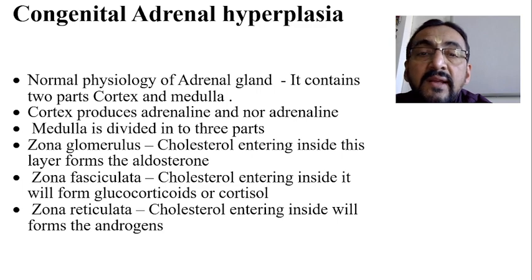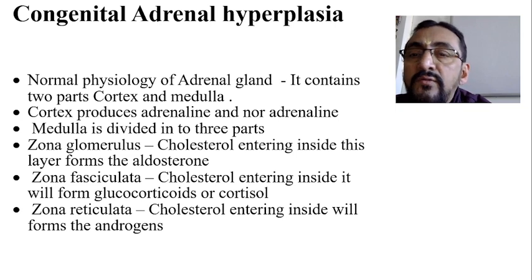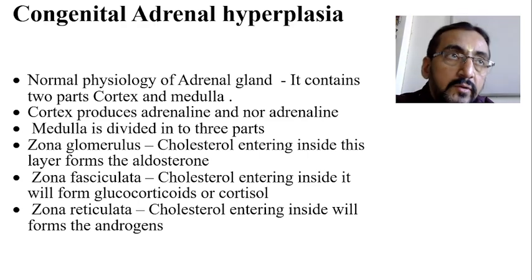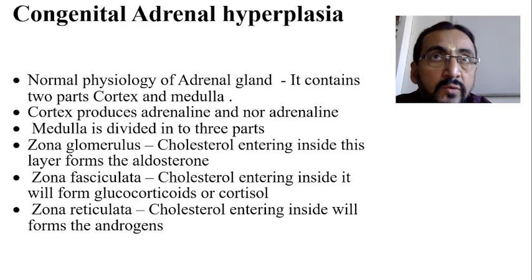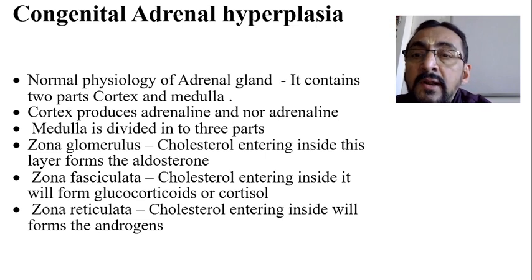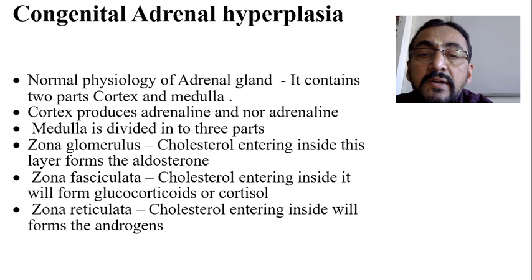And the cortex is divided into three parts: zona glomerulosa, zona fasciculata, and zona reticularis or reticulata. From the zona glomerulosa there is production of aldosterone. From the fasciculata there is production of cortisol, and from the reticularis there is production of androgens. For our importance, it is the androgens which are produced from the zona reticularis, the innermost layer. That is very, very important.